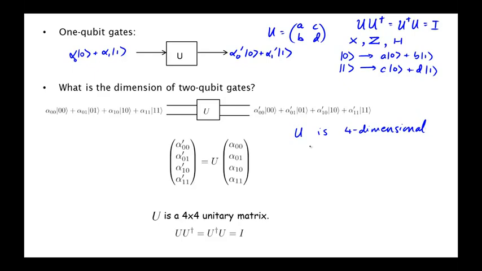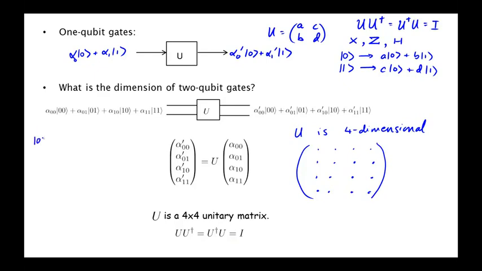Right? Meaning, if you write it out, it would look like this kind of matrix. Okay. And of course, U satisfies this condition: U U dagger equals U dagger U, it's the identity.